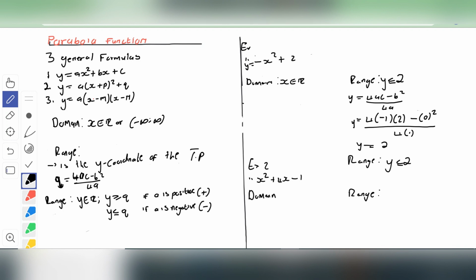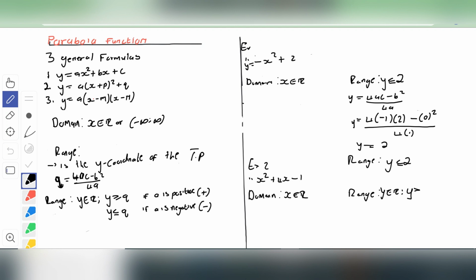We always know that the domain is x is an element of real numbers, right? What about the range? We know that y is an element of real numbers, but then we check the sign. It's positive.